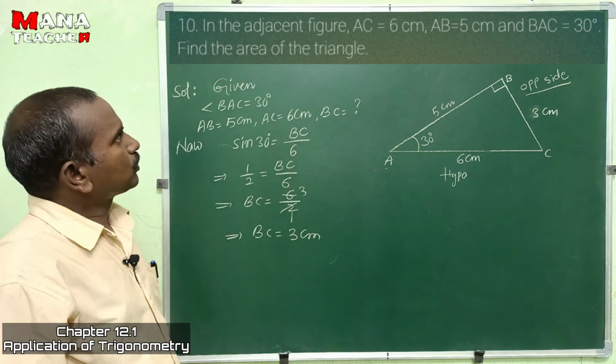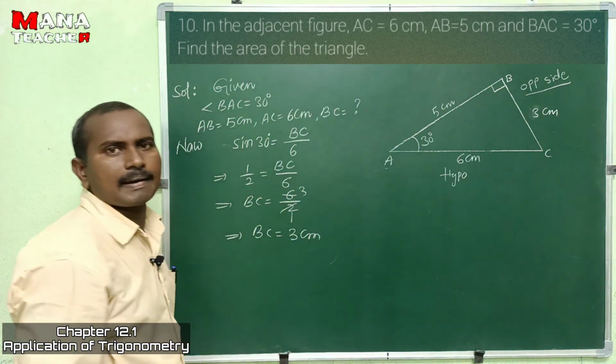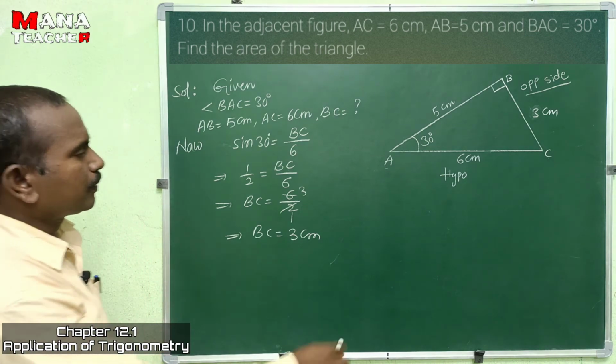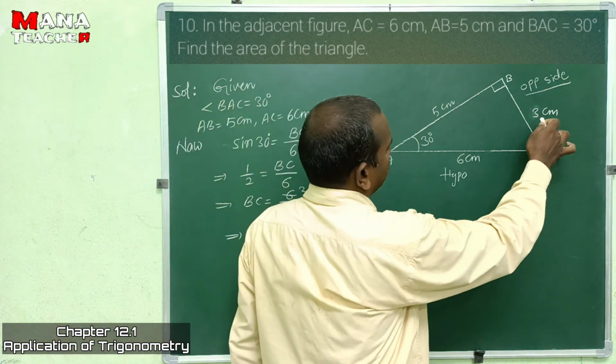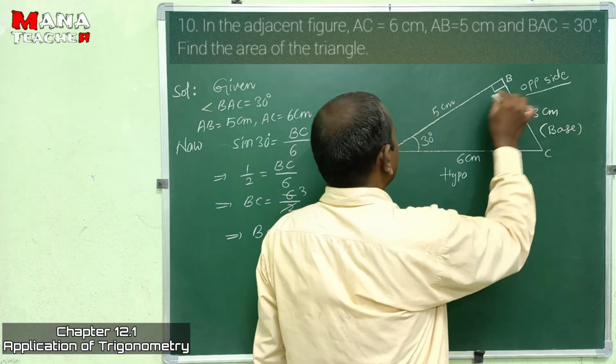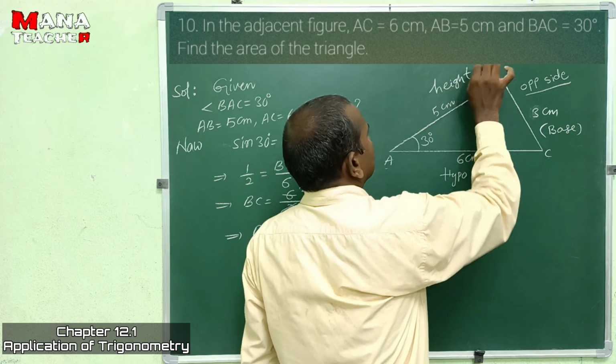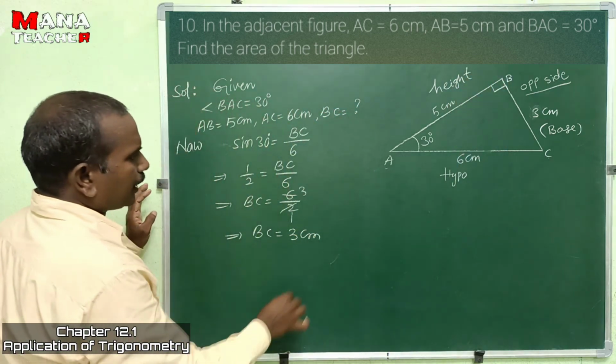Now from the problem, find the area of the triangle. In this one, BC is the base, AB is the height. Now what is the formula for the area of a triangle?